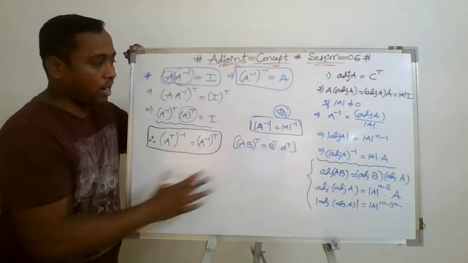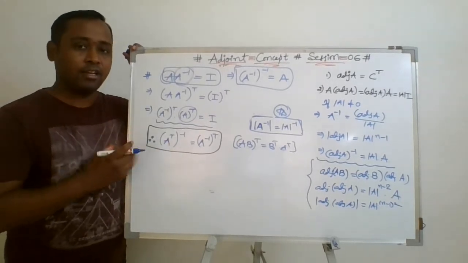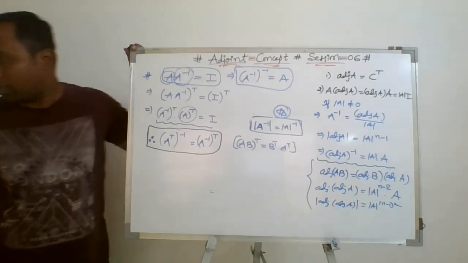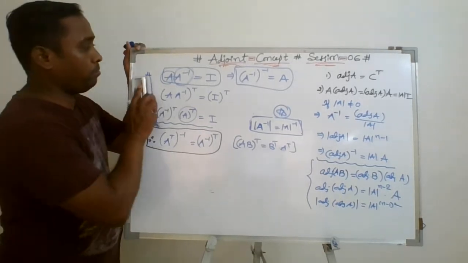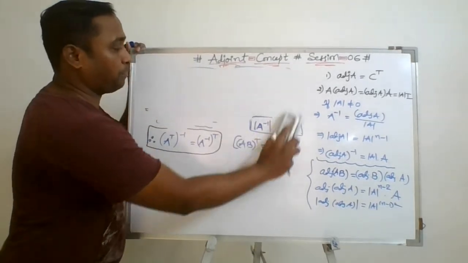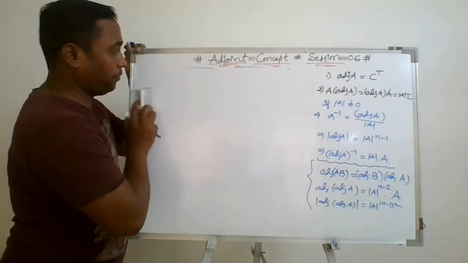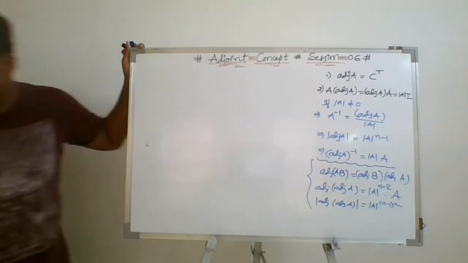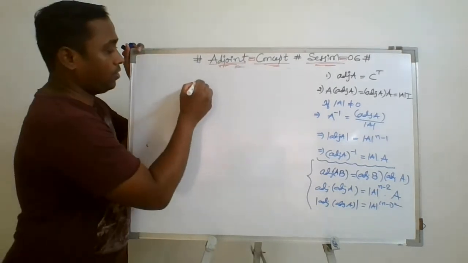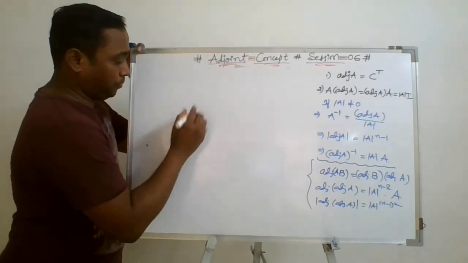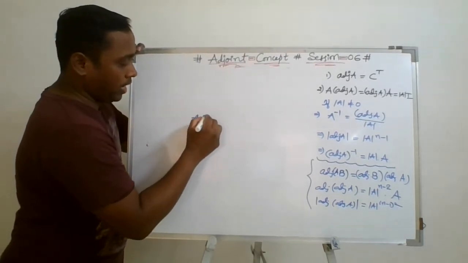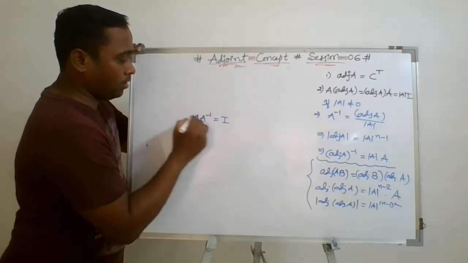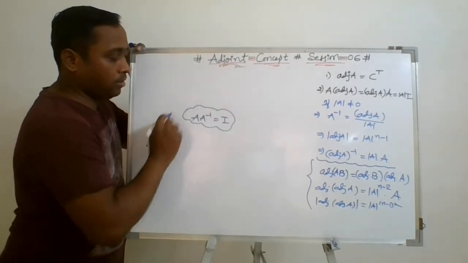So I am just writing these 3 points again in a pictorial representation. What are the three results we have derived? What was the result? A into A inverse is equal to I. This was the key result.